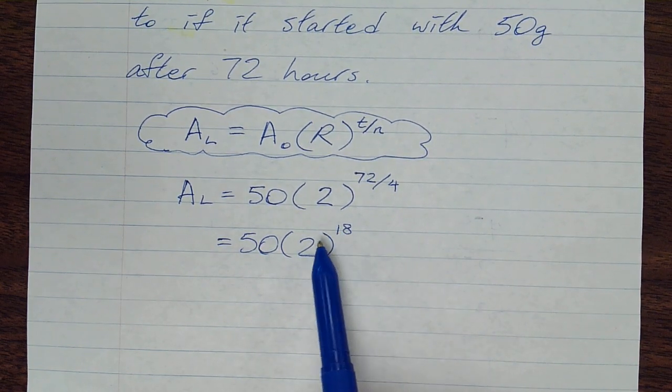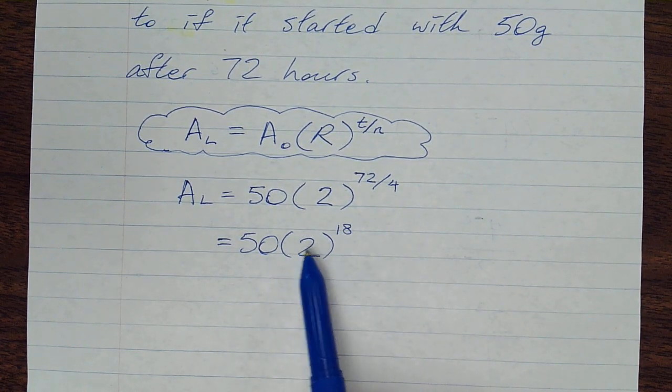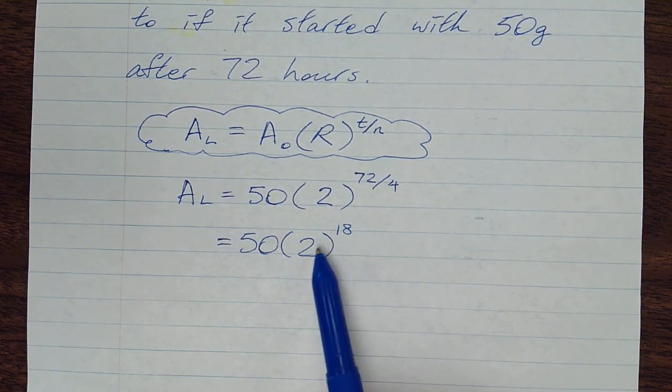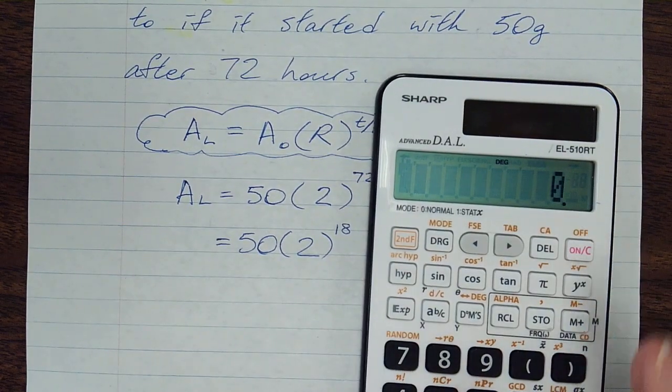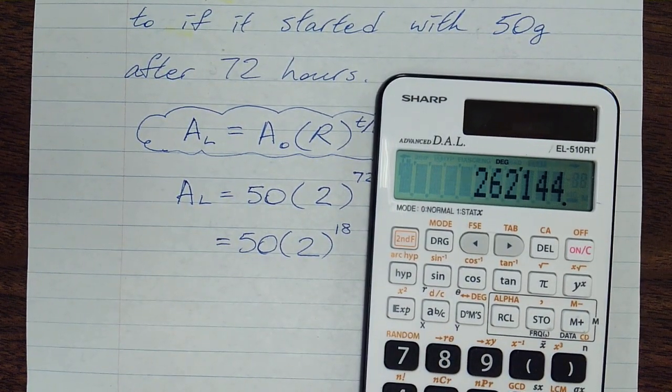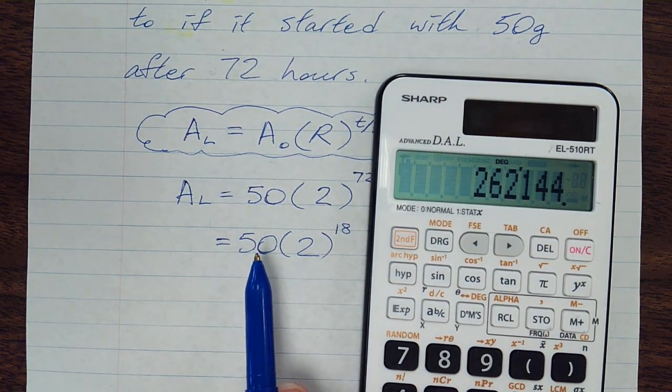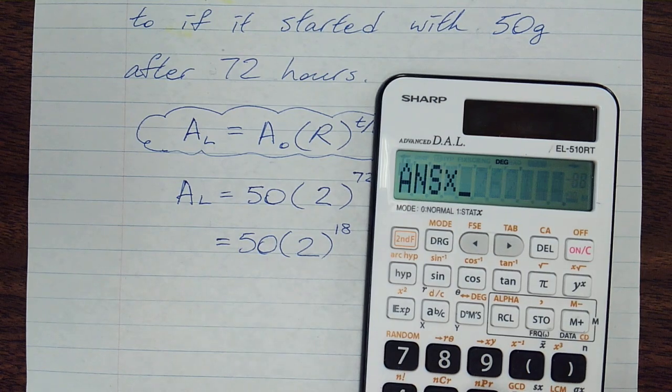Exponents first. Okay, so that's a common mistake that people do. They write for me 100 to the power of 18. It's this. So always do exponents first. 2 to the power of 18. I get this. Now what? What do I do with this number? Yep. Times it by 50.